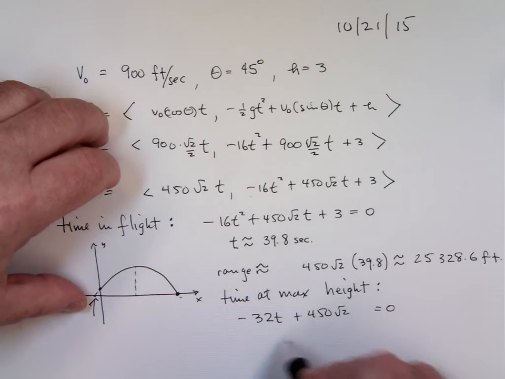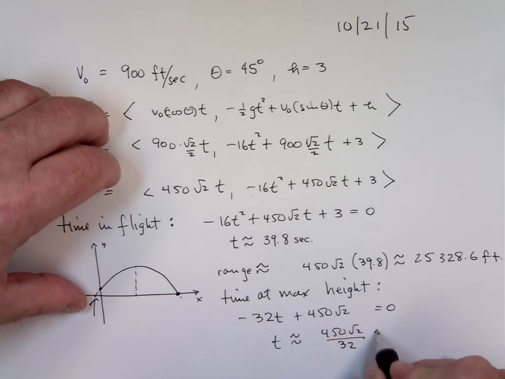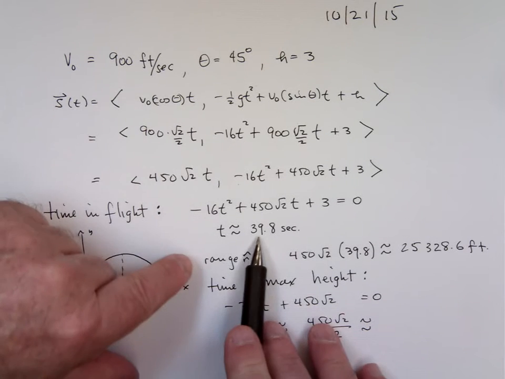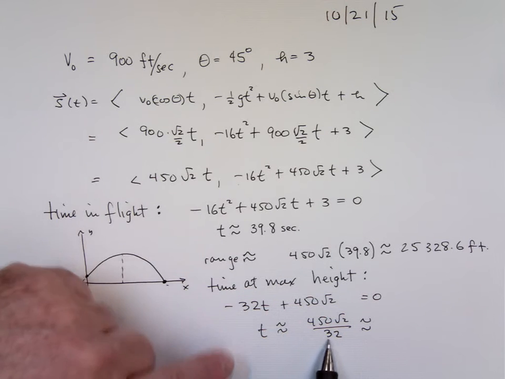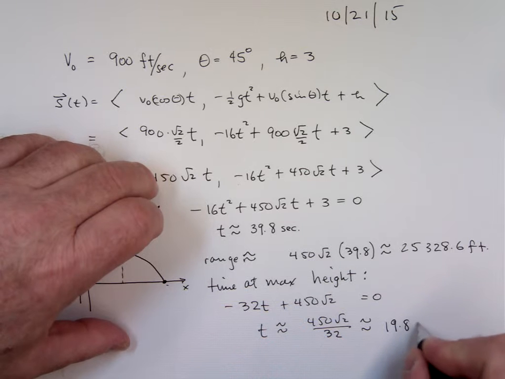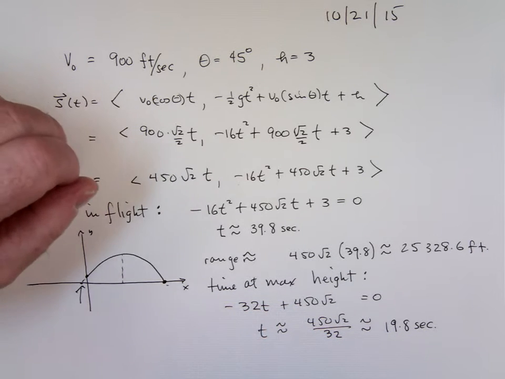So t would be approximately 450 square roots of 2 over 32. It would be really close to 20 because it's really close to half this, although a little bit off. 19.8. That's the time where the max height occurs.